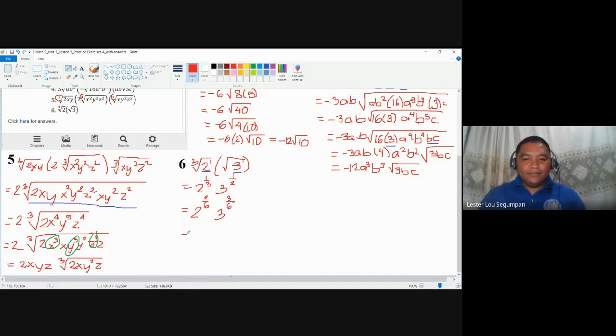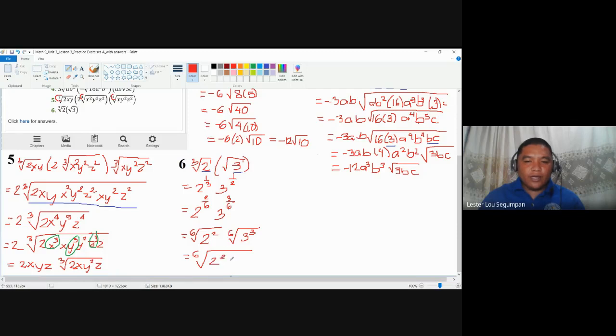So you may have 6th root of 2 squared times 6th root of 3 cubed. Right? So we can actually combine them now into one expression with 6th root.